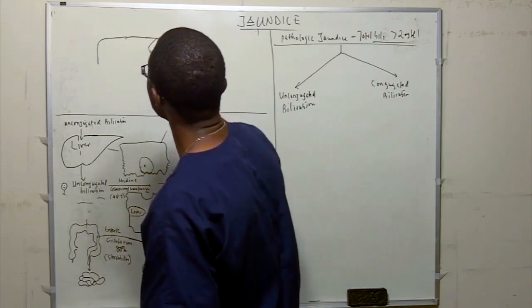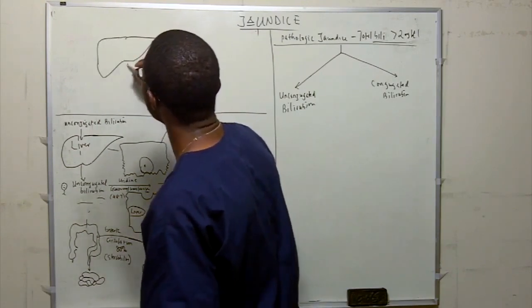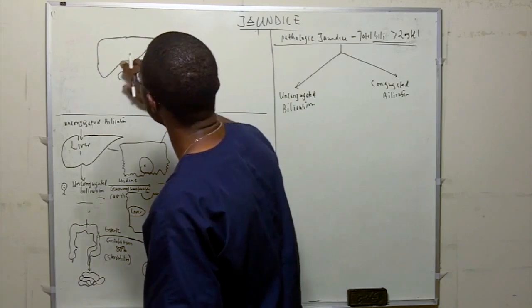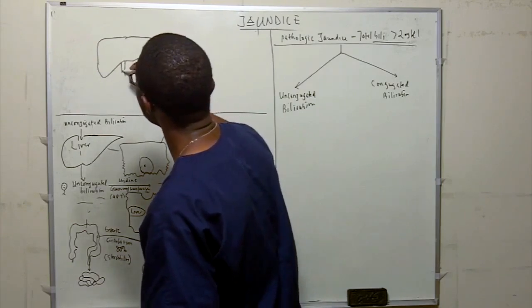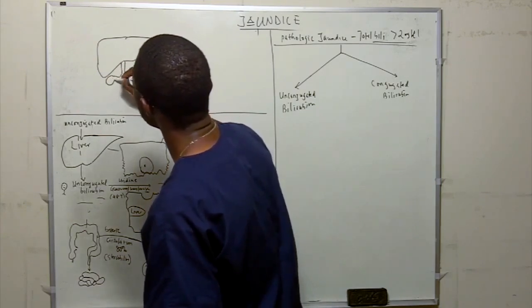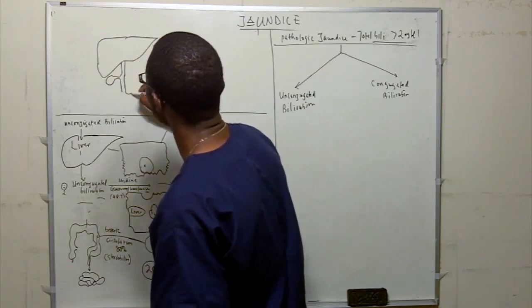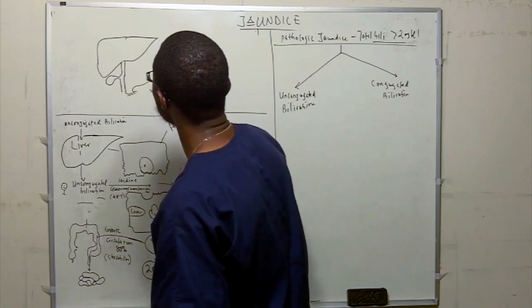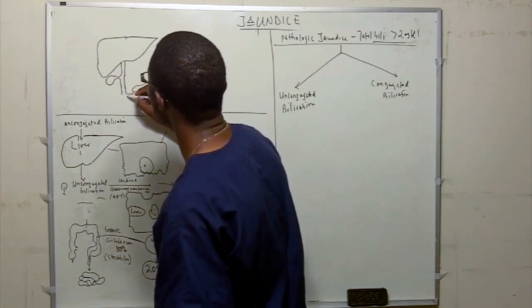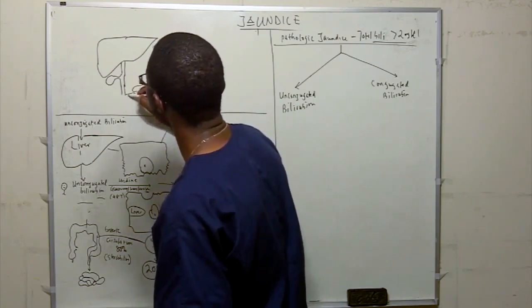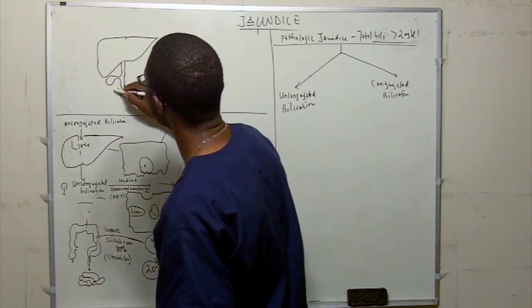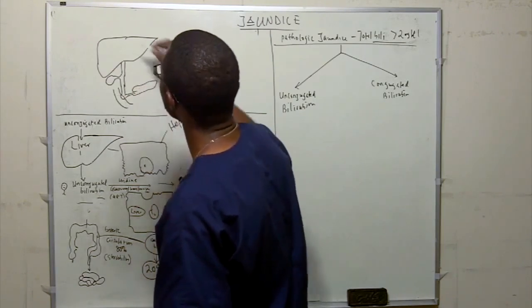So this is our cute looking liver. It's got coming out of it the biliary and the cystic ducts. It's got a nice cute looking pancreas in there. Coming together here, we form our sphincter of Oddi, going to the duodenum.